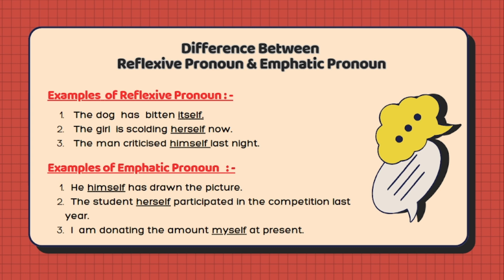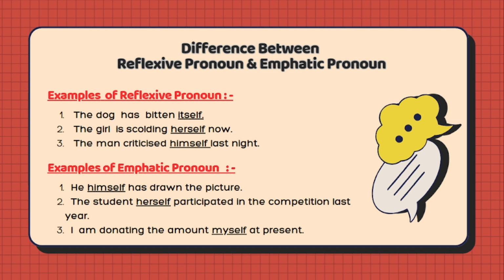Here the self form himself is making the action of the verb criticized fall upon the doer of the action, the man. Second condition is also fulfilled. So the word himself is called a reflexive pronoun.